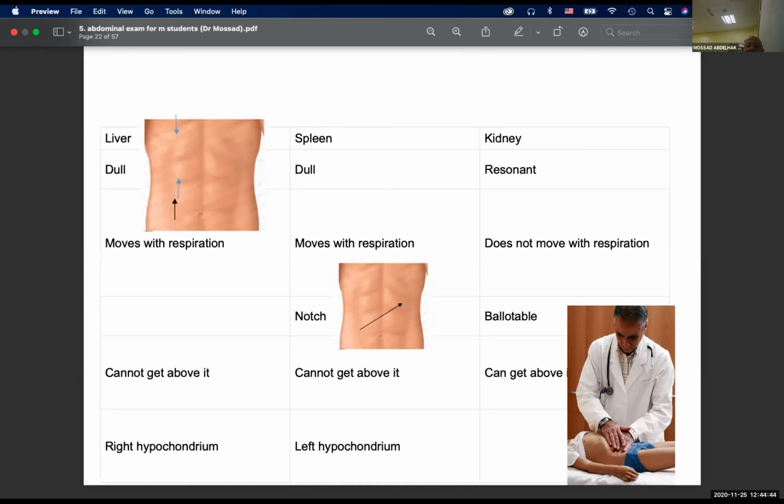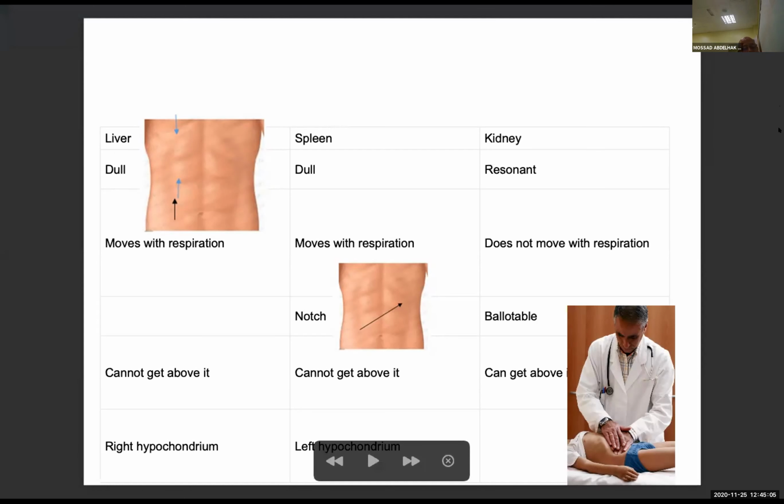Remember that the spleen has a notch, which is very important. If it is enlarged, you will feel it, especially if it is firm, easily. Here the kidney is bilateral, the liver in that direction. So please try to remember this important slide, which will guide you how to differentiate between the three major organs and how to be specific during examination. Next.